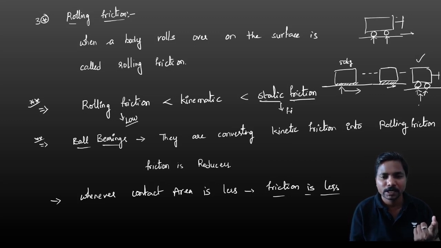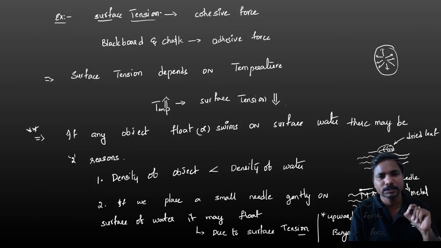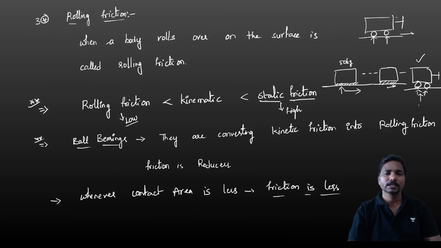Okay, and the ball bearing question, surface tension units and formula, cohesive and adhesive forces with those examples, and if any object floats on the surface, the two reasons. These are important.